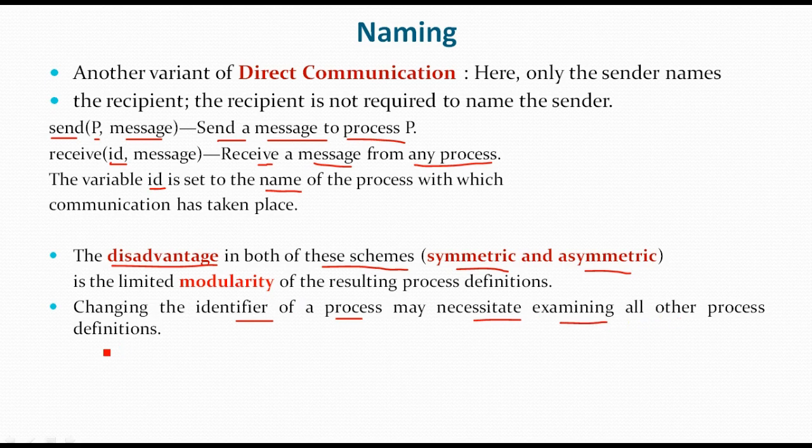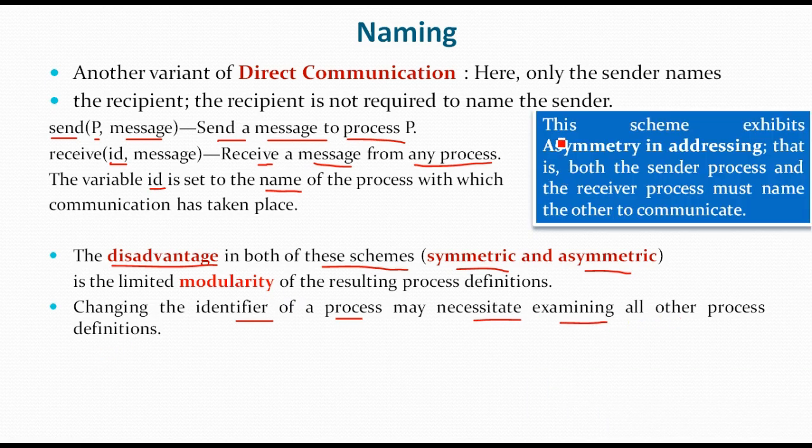So what happens in this scheme, it will exhibit asymmetry in addressing. Asymmetry in addressing means in the receiver there is an ID, we have not mentioned the exact explicit name of the sender. It means that we can receive the message from any process.